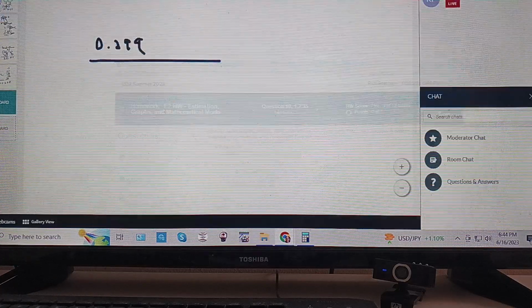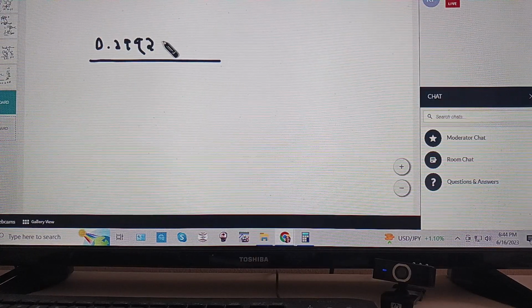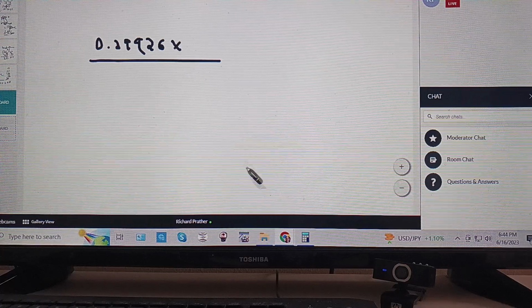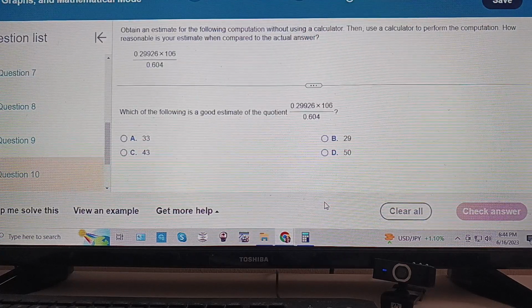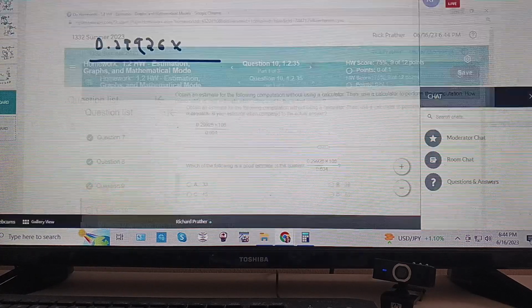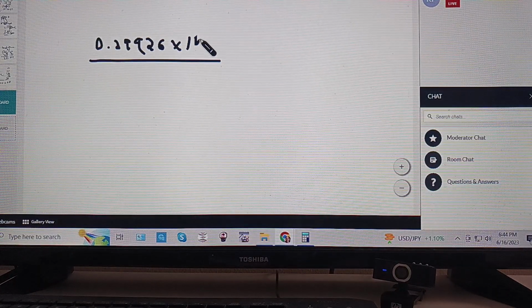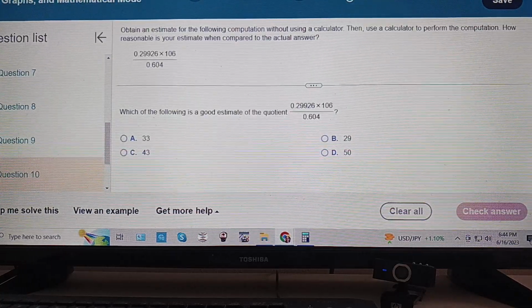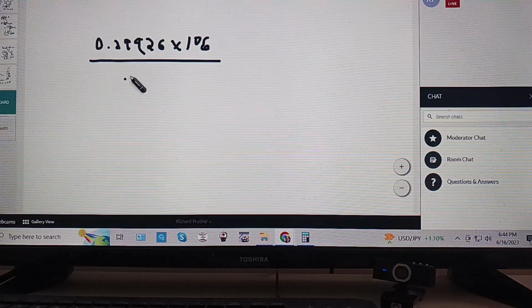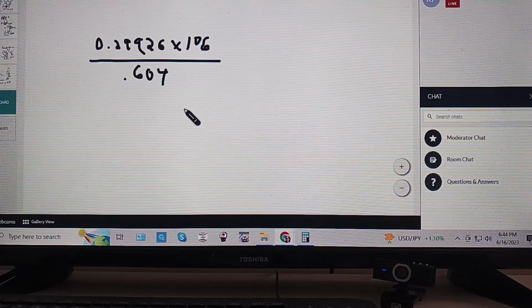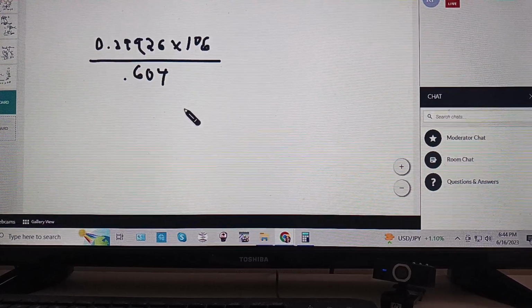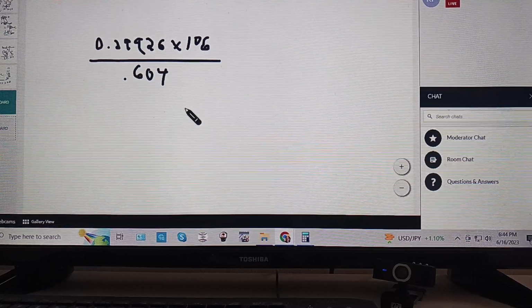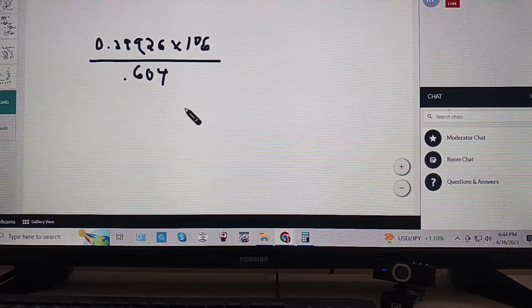With estimation techniques ahead of time, if you know roughly what the answer should be close to, and then your calculator gives you a totally different answer far away, then you know you must have had a typo. I can't tell you how many times I'm grading tests where a student has the right work and they just have the completely wrong answer. I can tell they must have typed that wrong in their calculator. If they had used estimation techniques, which is what this section's about, they could have known that answer can't possibly be the answer. It's too far away.